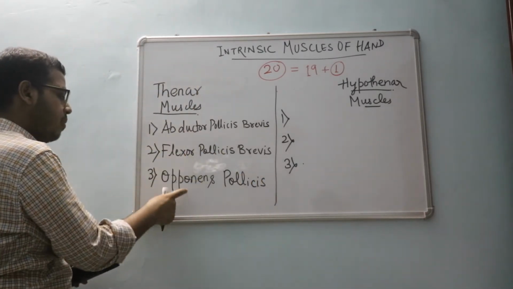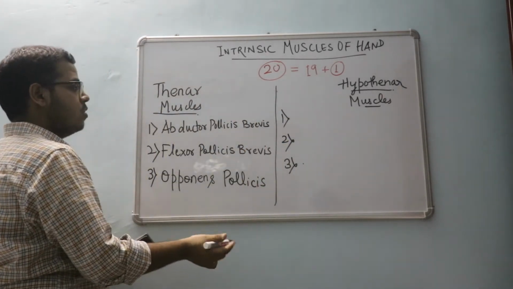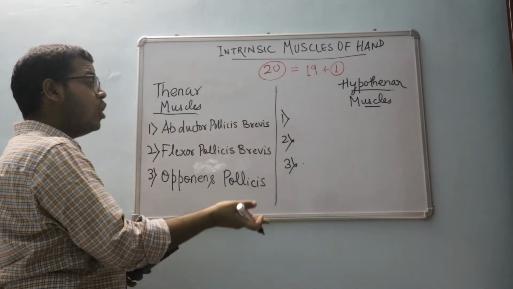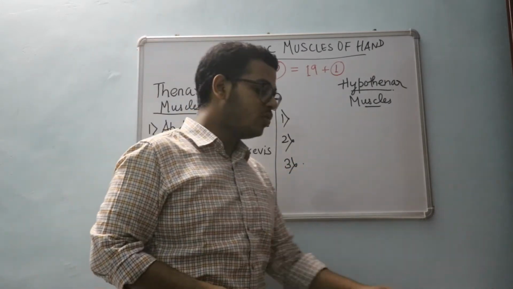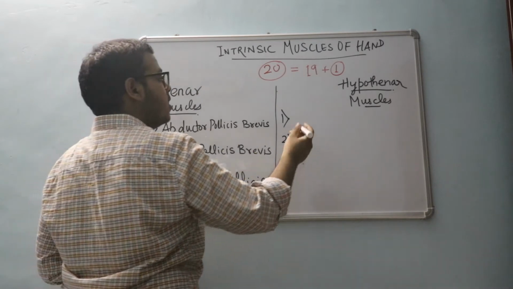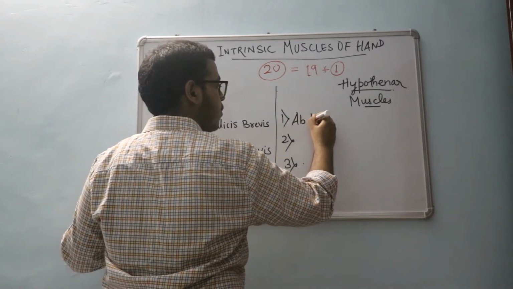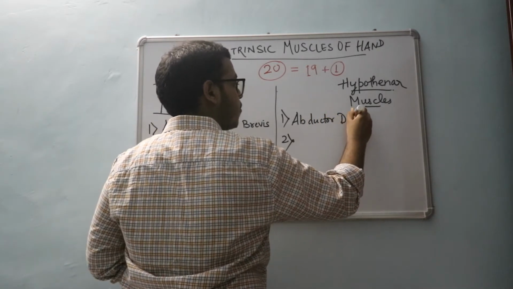So these 3 muscles are present in the hypothenar eminence also. The only thing that is changing is the pollicis word or the brevis word, because there are no such muscles for the digiti minimi, so they will not have any brevis term. So first is abductor digiti minimi.